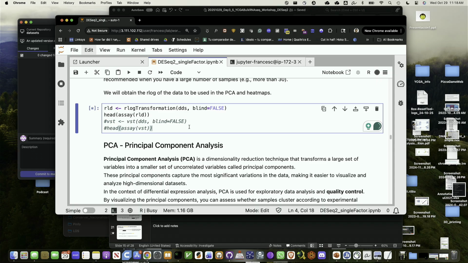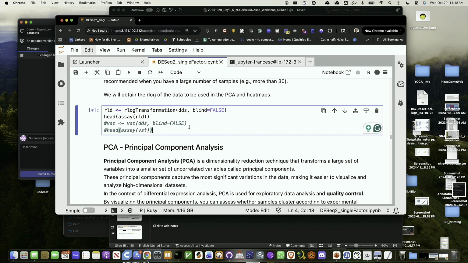So whatever you are doing, VST, log, or any other kind of normalization, the idea is that you control the dispersion in your data in such a way that the level of gene expression itself should not impact your differential gene expression or significance. That is the idea here. Controlling the dispersion in a way that lowly expressed or highly expressed genes should not influence your significance calculation. In this case, the transformation is only for visualization.